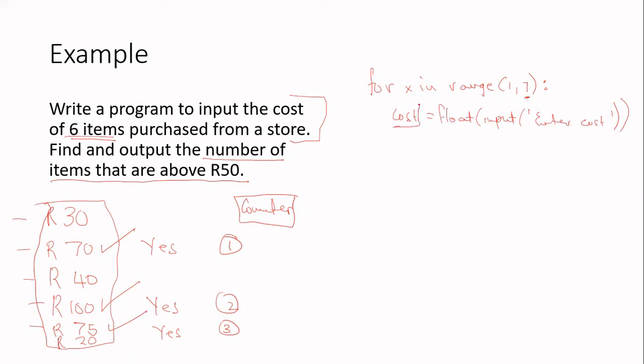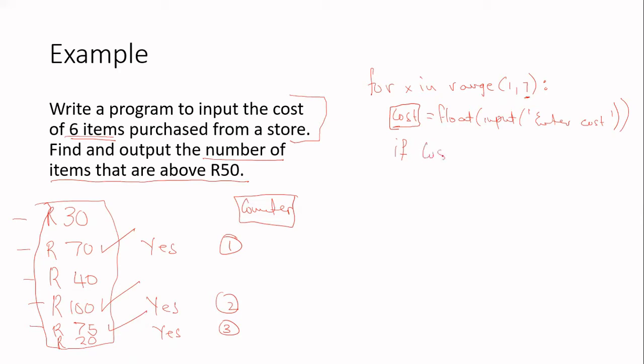And I need to know if this item is above 50. So I'm going to use an if check. There's nothing stopping me from using a check inside of a for loop. All that it means is as the loop executes, checking is taking place.